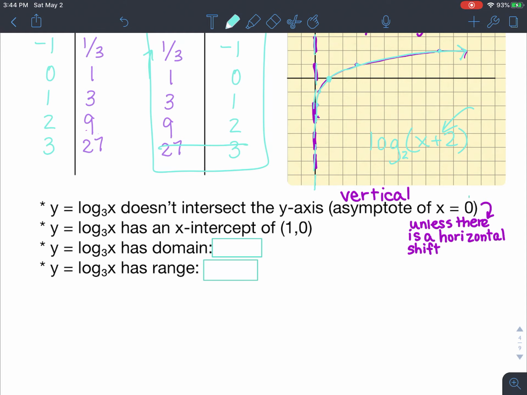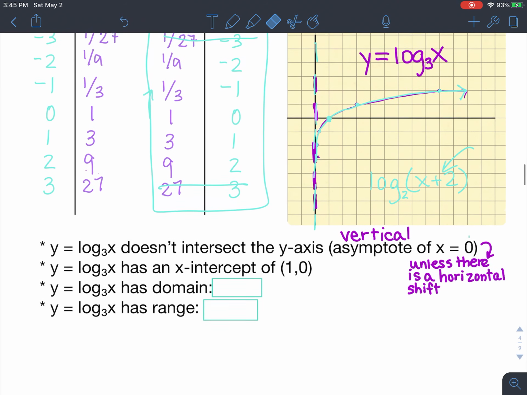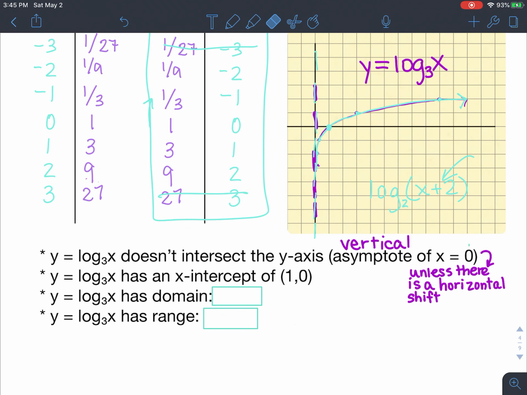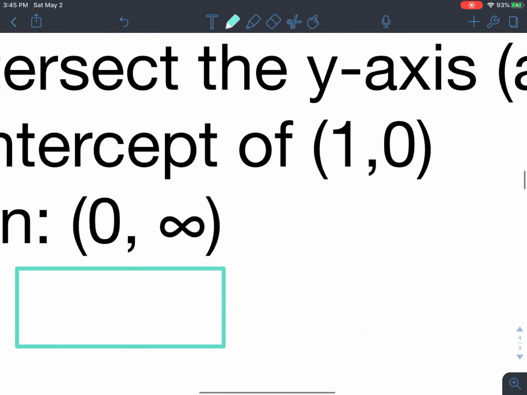That's this guy here. And let's talk about the domain. So log base 3 domain, that's what x can be. So notice that x can't be 0, and then it can be anything above 0. So log base 3's domain is 0 comma infinity, or you could write it as x is greater than 0.